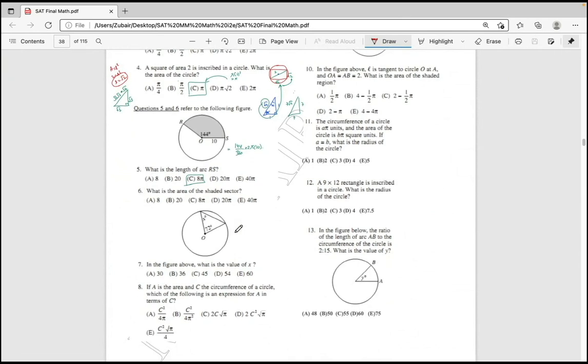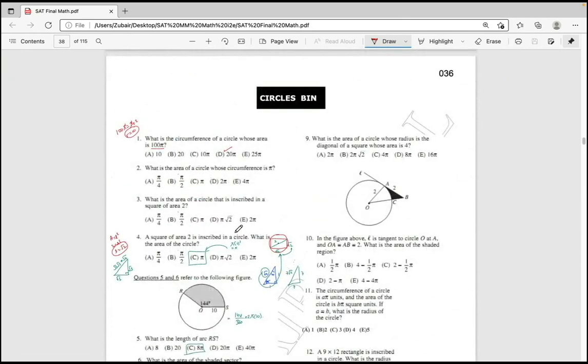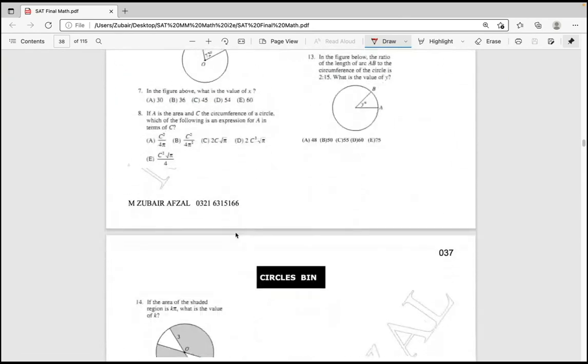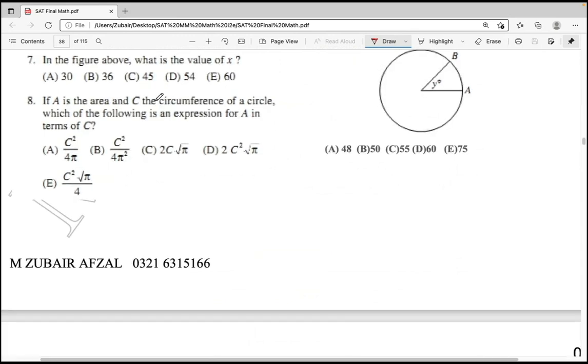Okay, we did a few questions out of this. Try 8 and then 9.